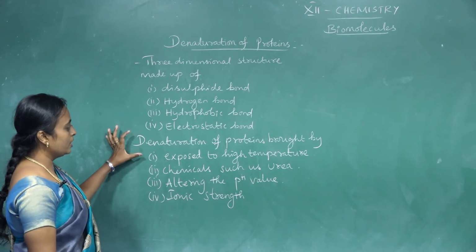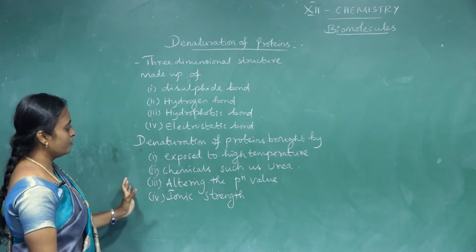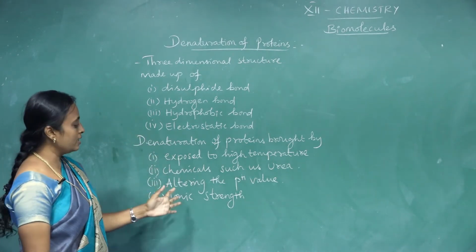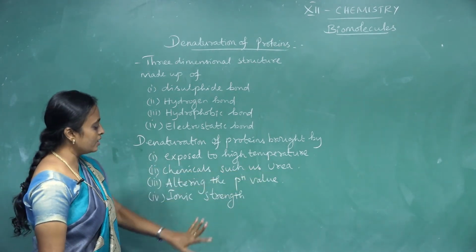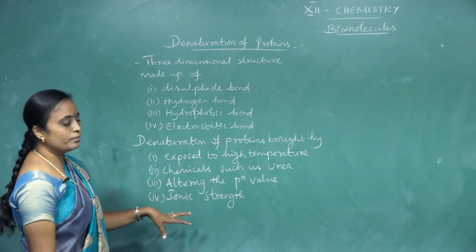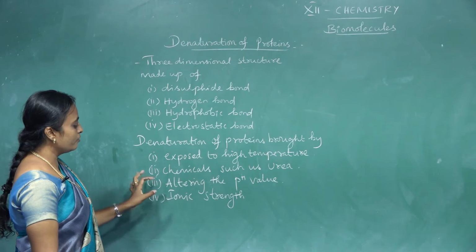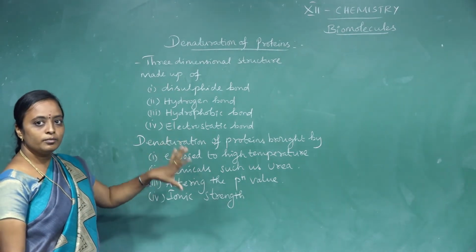So proteins can be denatured when exposed to high temperature. By using chemicals, if you add urea you can denature. If you alter the pH value of a protein you can denature, or by using ionic strength you can denature the proteins.